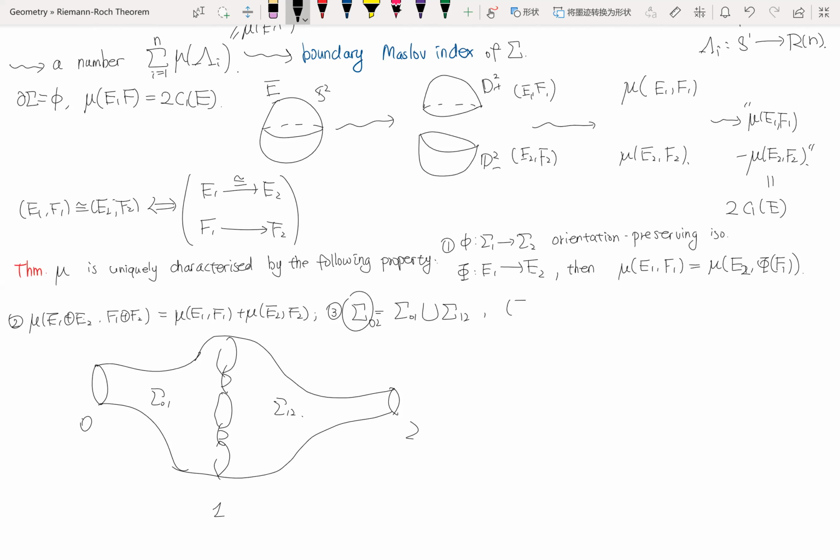And we have corresponding bundle pairs. Then we will have that μ of the bundle over the union is equal to the sum of these two boundary Maslov indices.